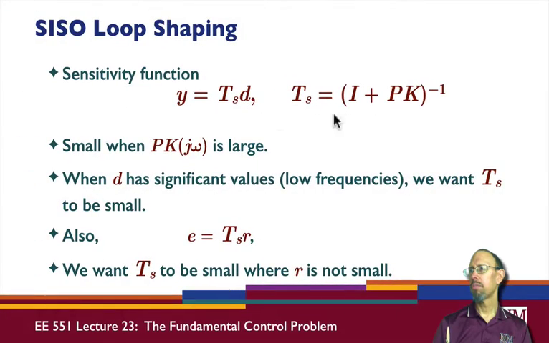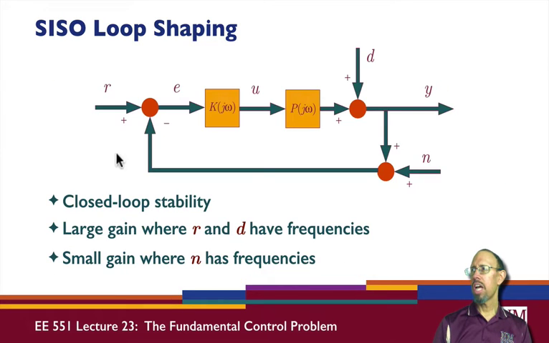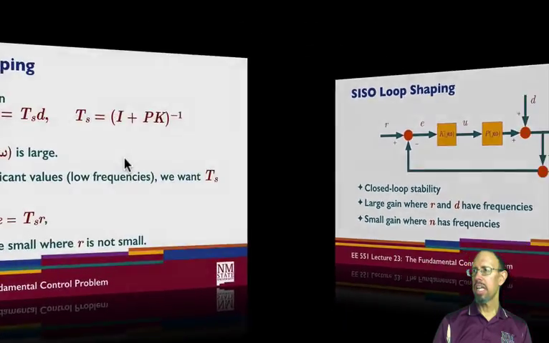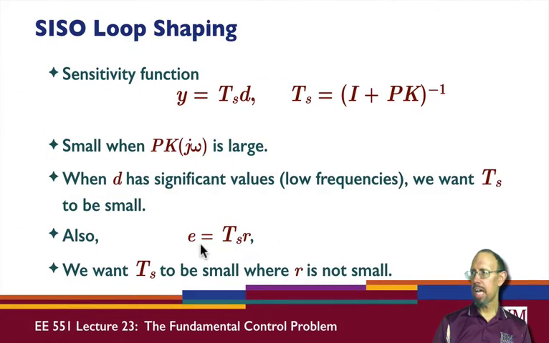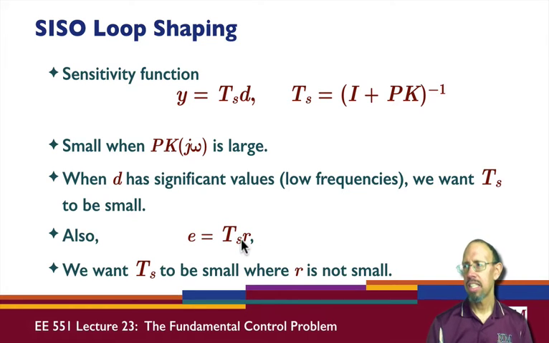When D has significant values, that is at low frequencies, we want the sensitivity function to be small. We can also show that in this closed loop, the transfer function from R to the tracking error E is the same sensitivity function. So we also want the sensitivity function to be small where R is not small.